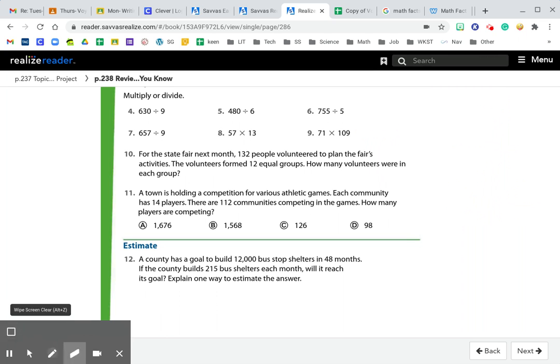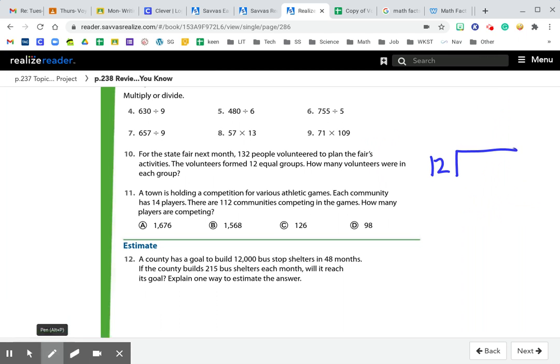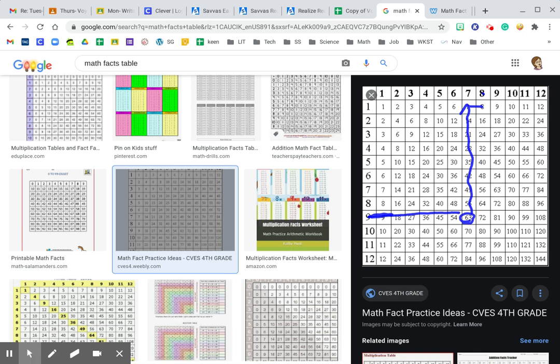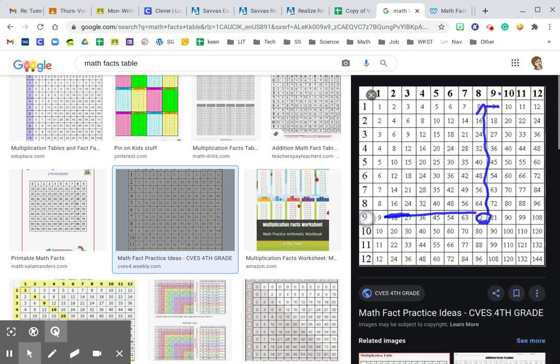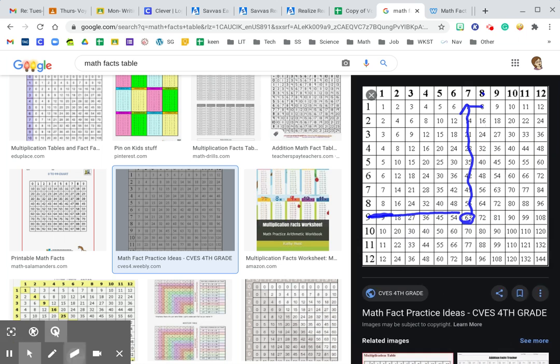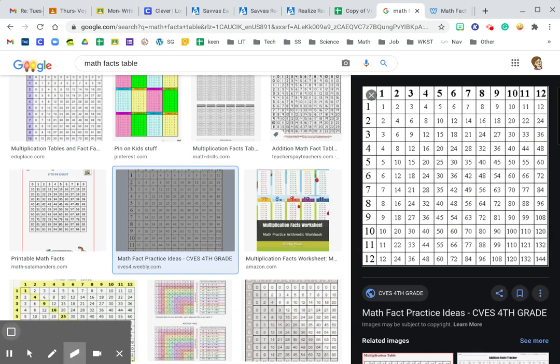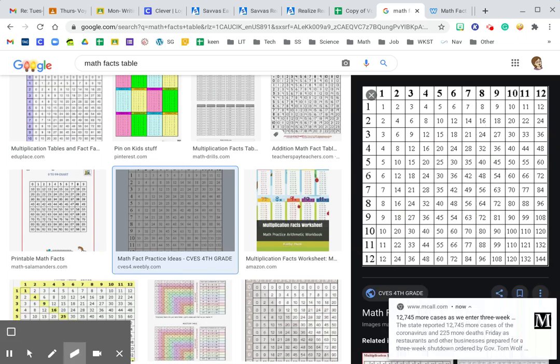Okay, for the next ones, for the state fair, 132 people volunteered, and they're going to be put in 12 equal groups. How many people are in each group? If we go back to our chart over here, let's see if I can, this is not being cooperative. There we go. Now I forgot what I was doing.